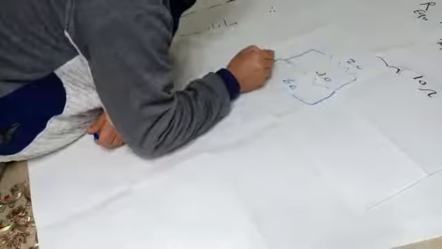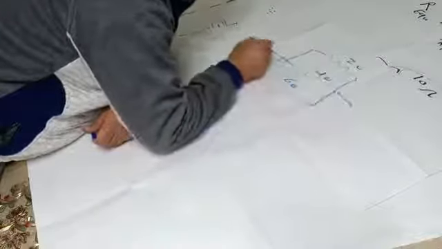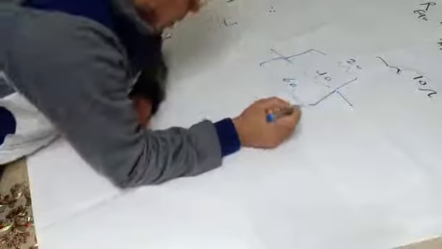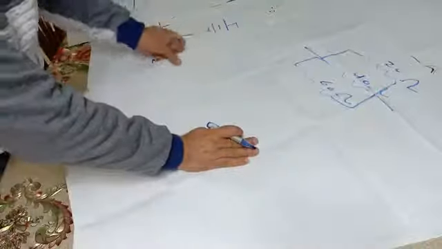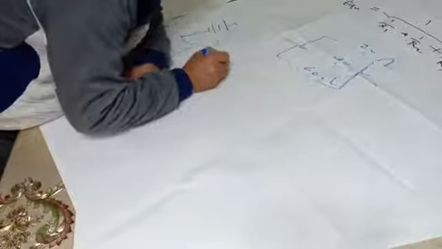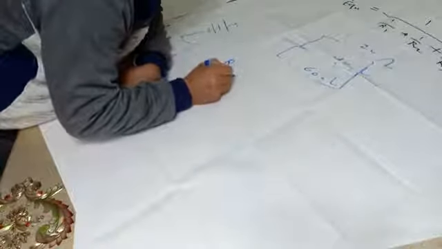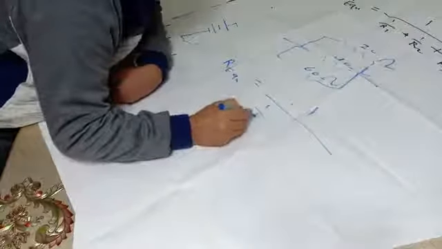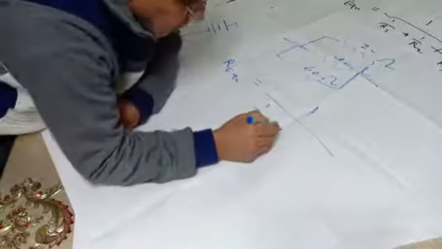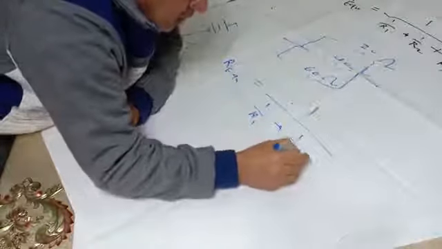We connect them back to back: 20 ohm, 40 ohm, 60 ohm. The law: R equivalent equals 1 over the sum of 1 over R1 plus 1 over R2 plus 1 over R3.